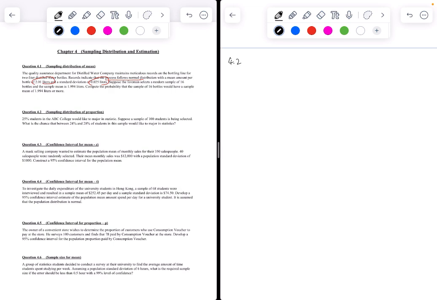From the theorem of binomial distribution, we can have the estimation of p-hat, the proportion of students who would like to major in statistics, which equals 25%, or 0.25. We can also calculate the sigma of p-hat, which is the square root of p times 1 minus p over n, and equals the square root of 3 over 40, which equals 0.0433.